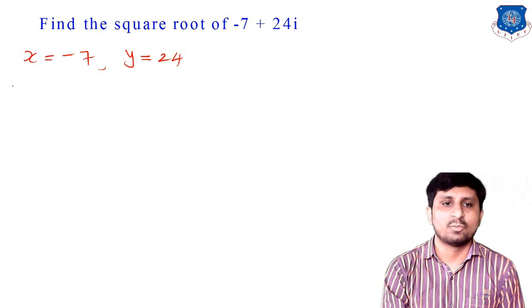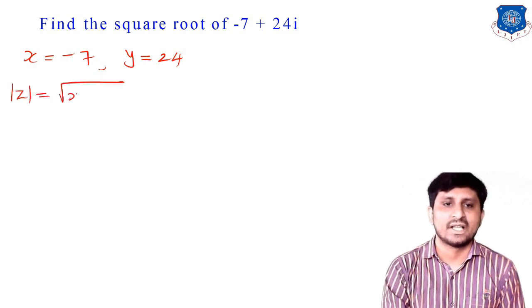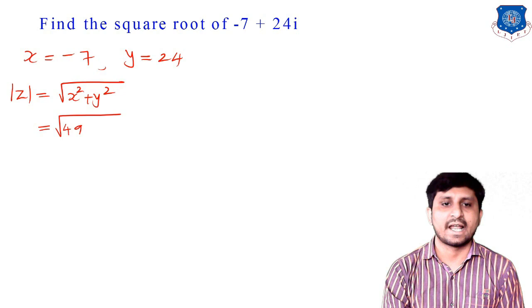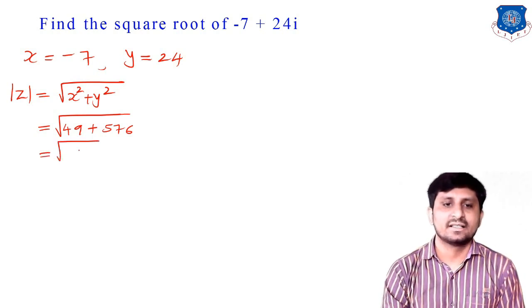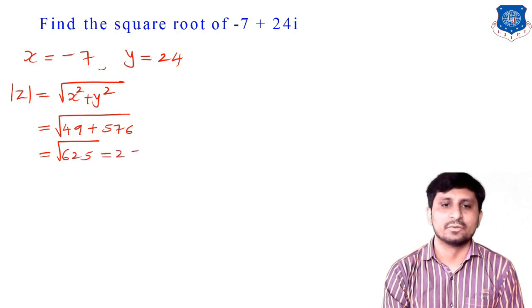First of all we find mod z, which is equal to the square root of x square plus y square, that is the square root of 49 plus y square, 24 square is 576, so this is exactly the square root of 625, and mod z is 25.